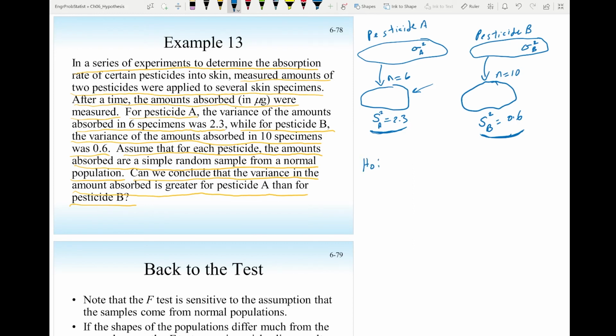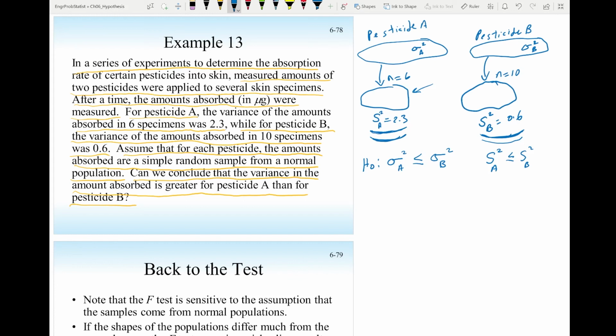H0: the variance of A is equal to or even less than the variance of B. So we are going against the evidence in our null hypothesis, which is the same as saying SA squared is less than SB squared, and we got 2.3 and 0.6 due to randomness. But let's test it. Let's see if that's the case.